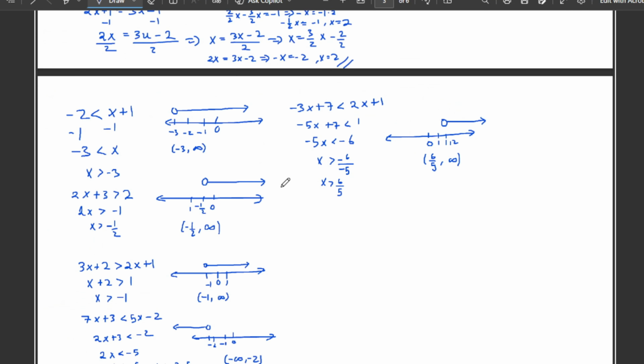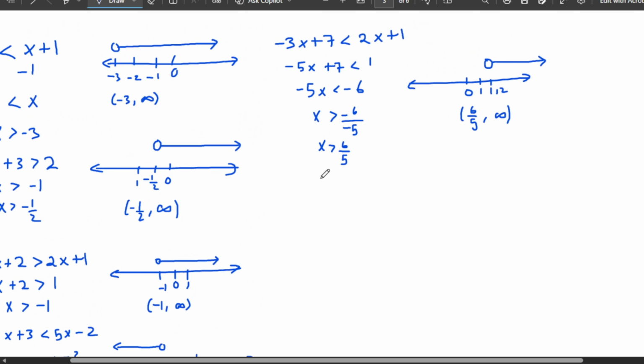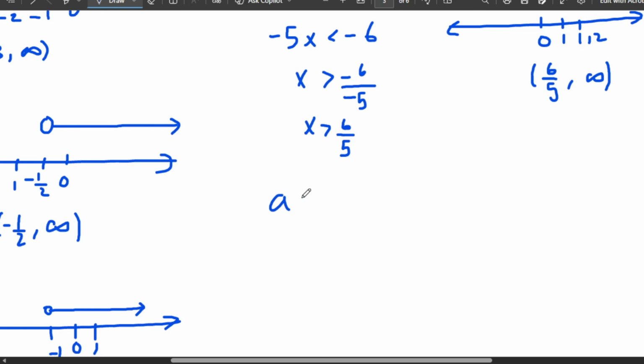Okay, how about compound inequalities? I forgot to say that these are called compound inequalities, and this also, and so on. So if we have a compound inequality, we split the inequality.